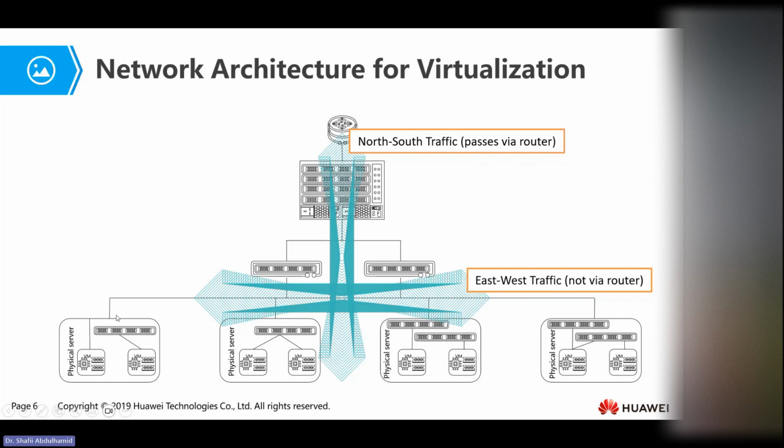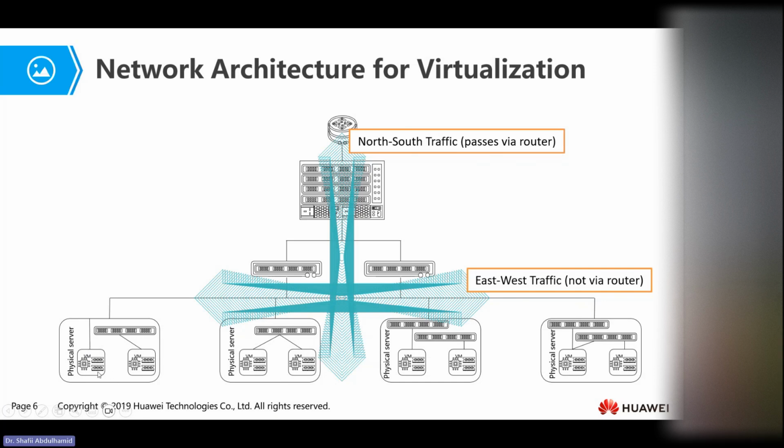Okay. In this physical server, you will observe that we have a virtual machine created. So this is a virtual machine. This is another virtual machine. And of course, this is another virtual machine in the other physical server that we have.